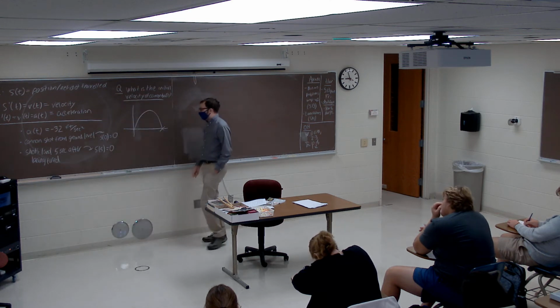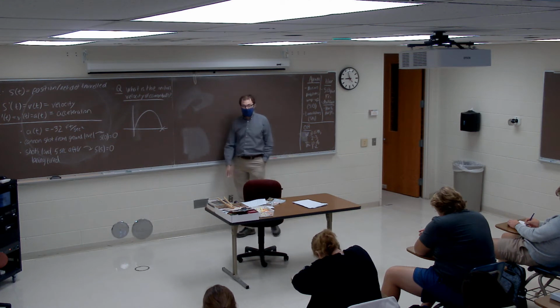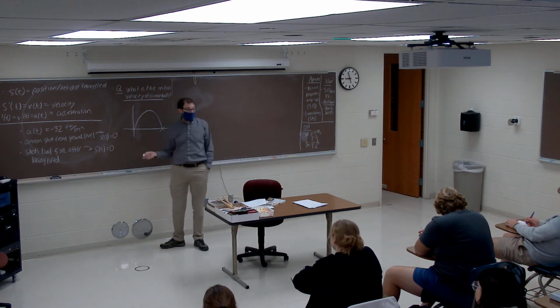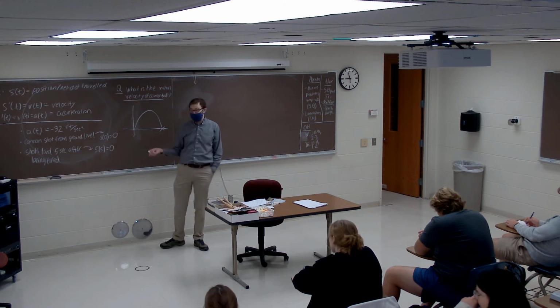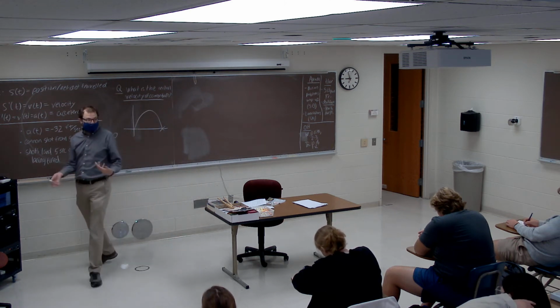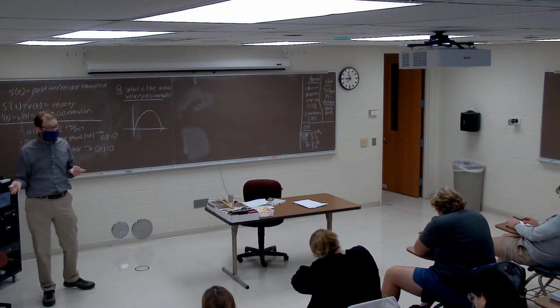Specifically, that s of 5 is equal to 0. That just like how the cannonball started out at a height of 0 at time t equals 0, at time t equals 5, it's also going to have a height of 0 because that's when the cannonball is landing.